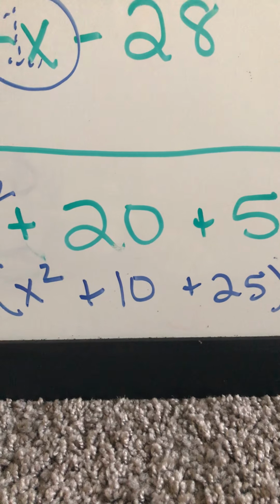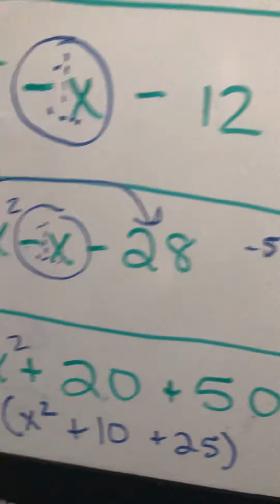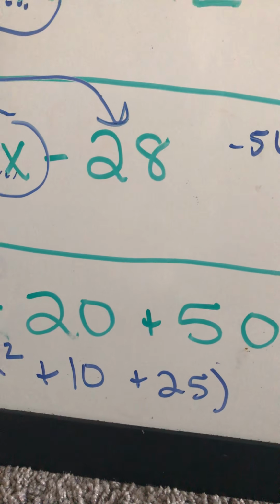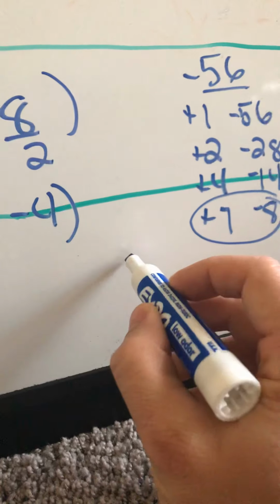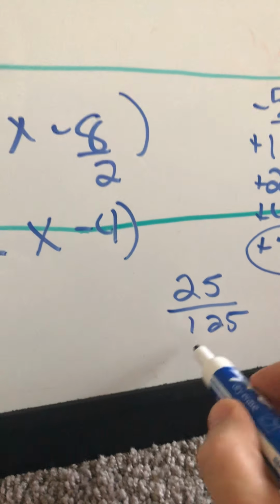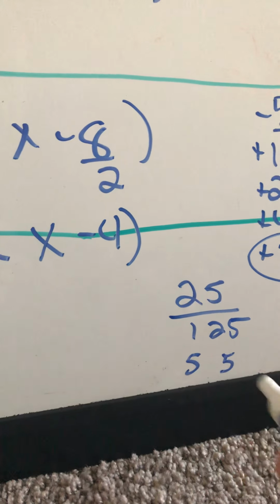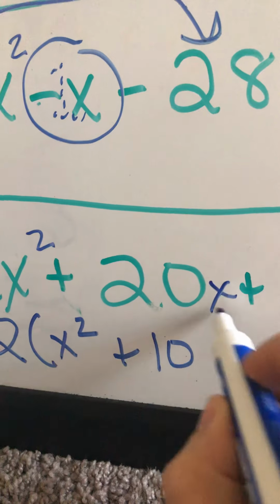So now I'm just going to focus on the parentheses, and this is very similar to the problems we had in the beginning. So now the number that we need is 25. As we find the factors of 25, they will be 1 and 25, and 5 and 5. Now as we're looking again, and this should be an x, and that should be an x.